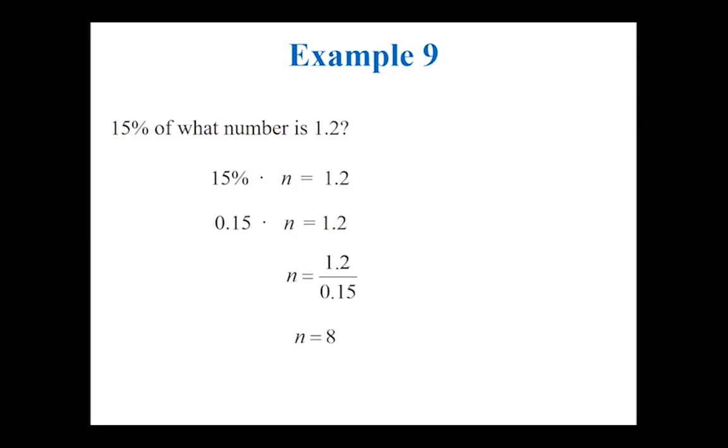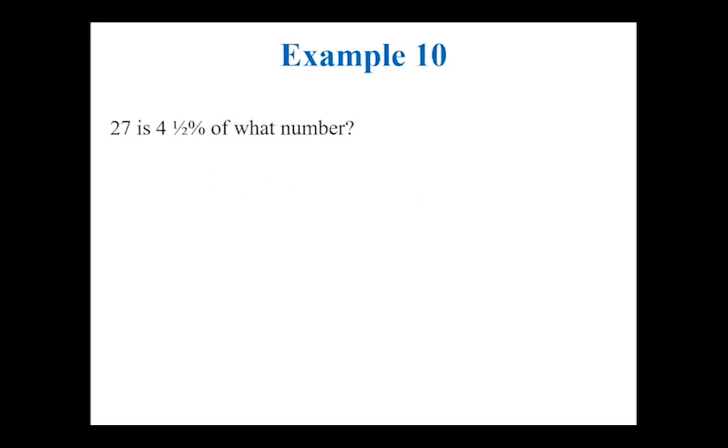Again, 27 is 4.5% of what number? We need to make our translation. 27 equals 4.5% times n.